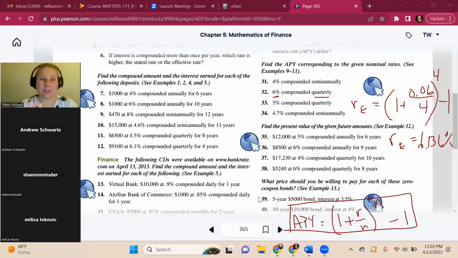That 6% is based on annually. You start throwing in more compoundings, and that effective rate changes. Do you think the effective rate would go up even more if it was daily? Yes, definitely.